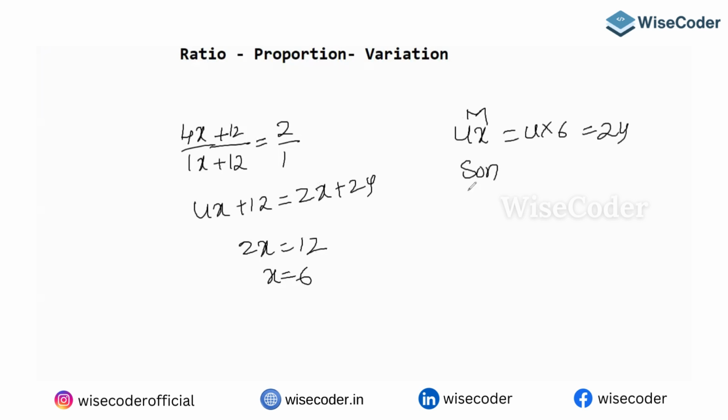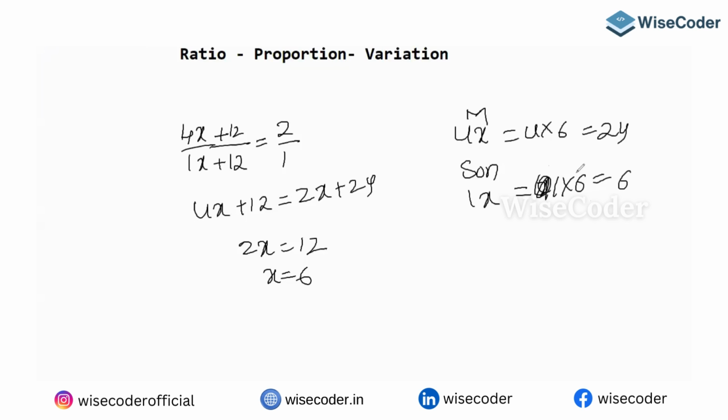And the son's age is x, so 1 into 6, which is 6 years. Their ages are 24 comma 6. Next question.